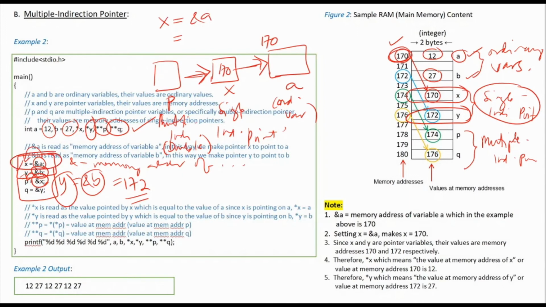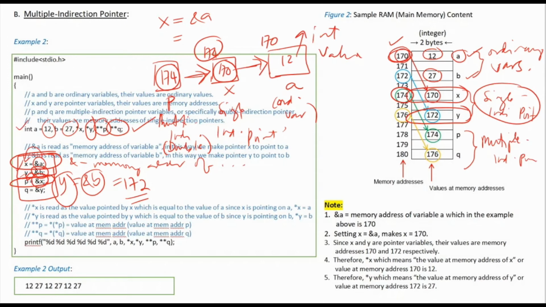And on this line, we assign the address of X to P. Therefore, the memory address of X, which in our example is 174, is also the value stored in here. So take note that P and X are pointers, and their values are memory addresses since they are pointers. While the value of A is 12, which is an ordinary integer value. That's how these three variables are related.